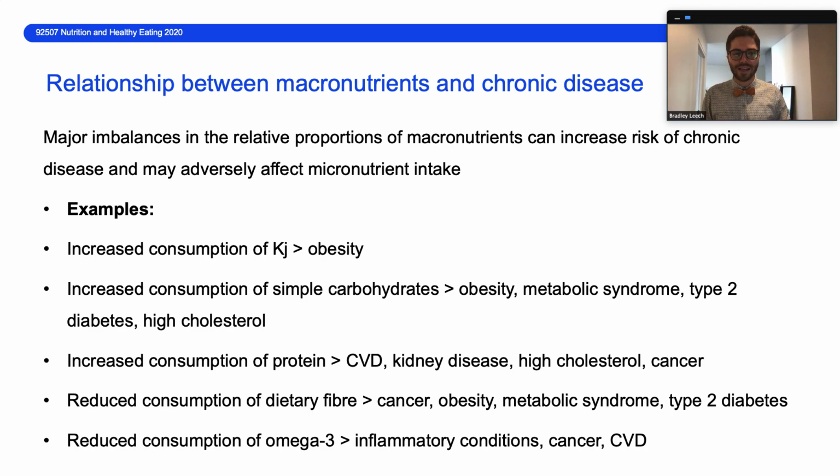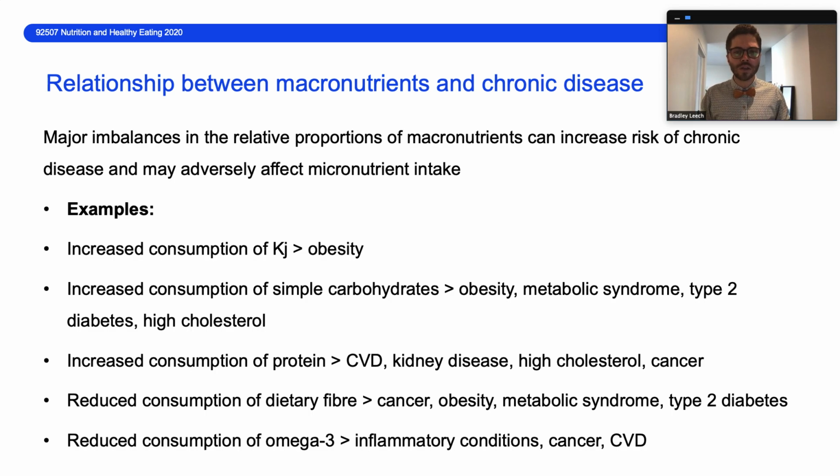Metabolic syndrome is a group of clinical signs and symptoms such as elevated fasting blood glucose, hypertension, high cholesterol, and so forth. And the prevalence of this metabolic syndrome is actually increasing here in Australia. Simple carbohydrate consumption can actually increase the risk of type 2 diabetes.